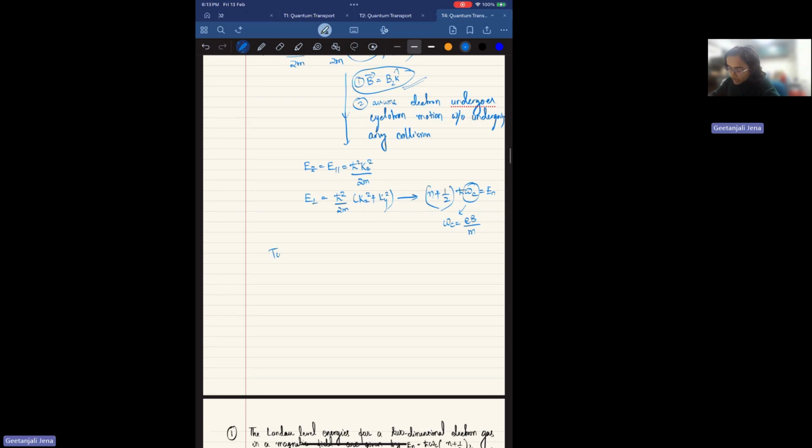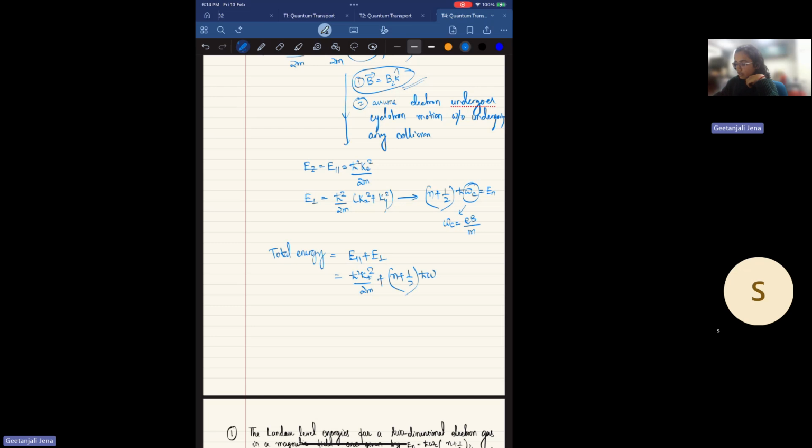Now the total energy will be E parallel plus E perpendicular. E parallel will remain as it is, kz square by 2m, and the perpendicular energy will be discretized because of the cyclotron motion.